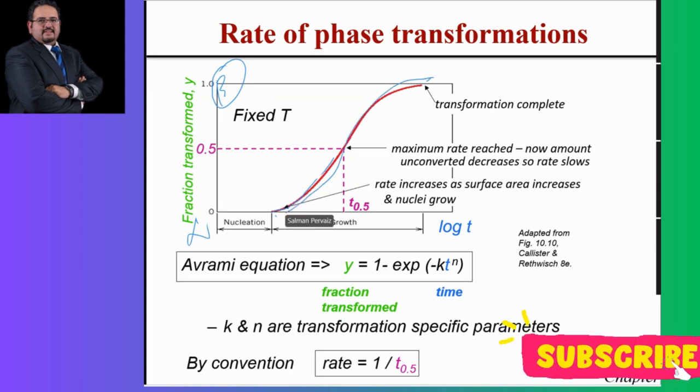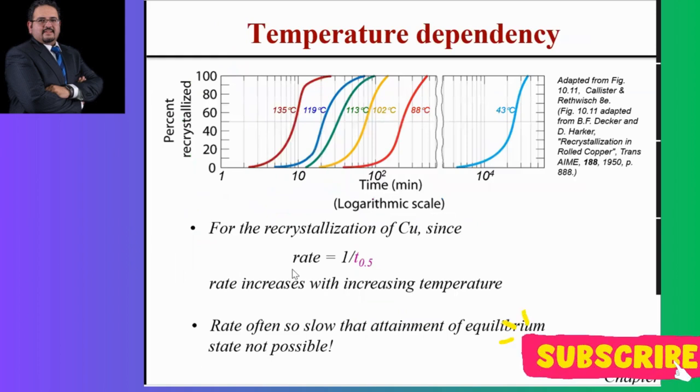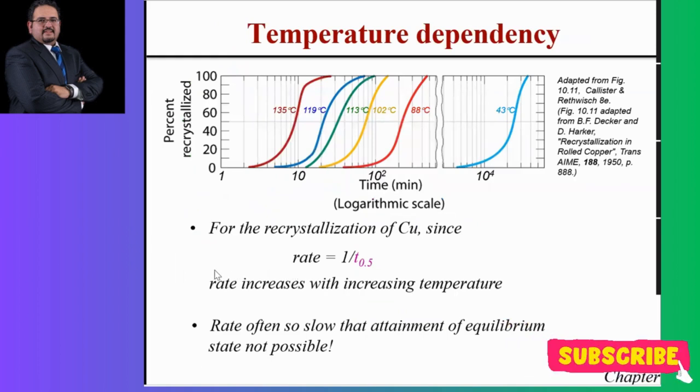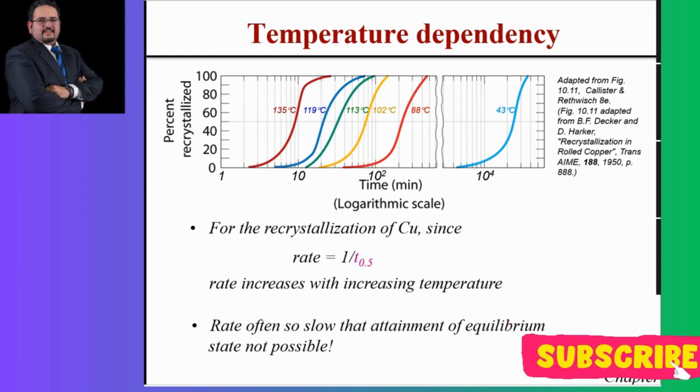Now that could be like this, or like this, or more like this, depending on the conditions and the temperature. I will show you that in the coming slide. For example, this is showing you a phase transformation.